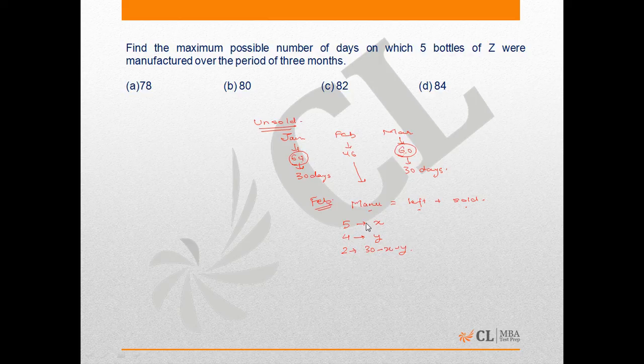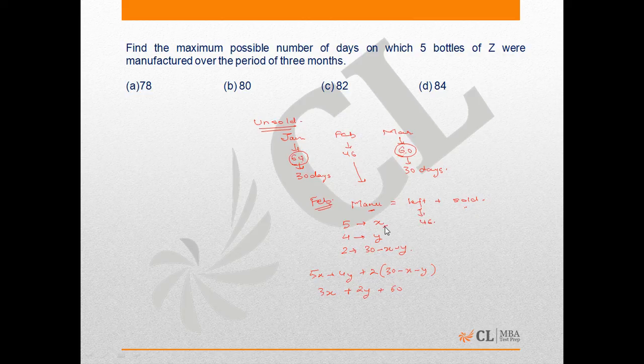So the total number of bottles manufactured will be 3x plus 2y plus 60. Now the number of bottles manufactured is left plus sold. The number of bottles left is given as 46.